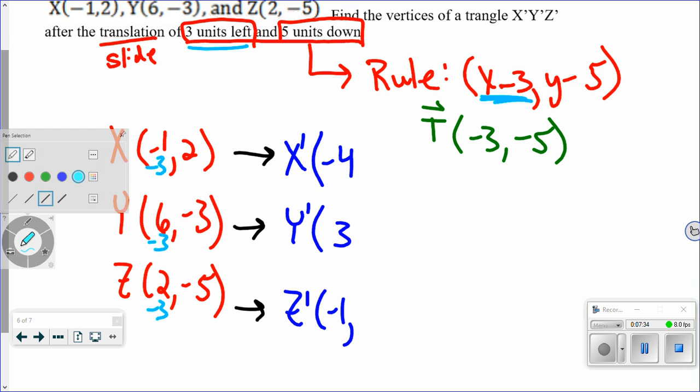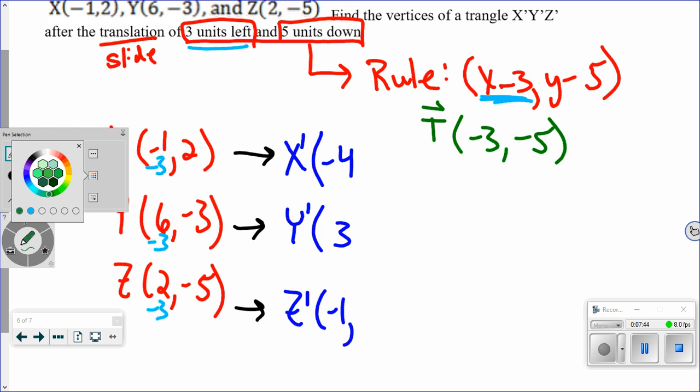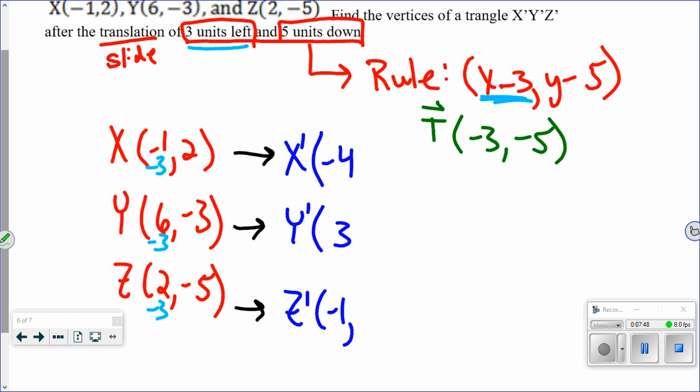Now y, again, down 5. Down is negative, so if we were to go down in the y's, we would do subtraction. So y minus 5 means subtract 5 from all the y's.